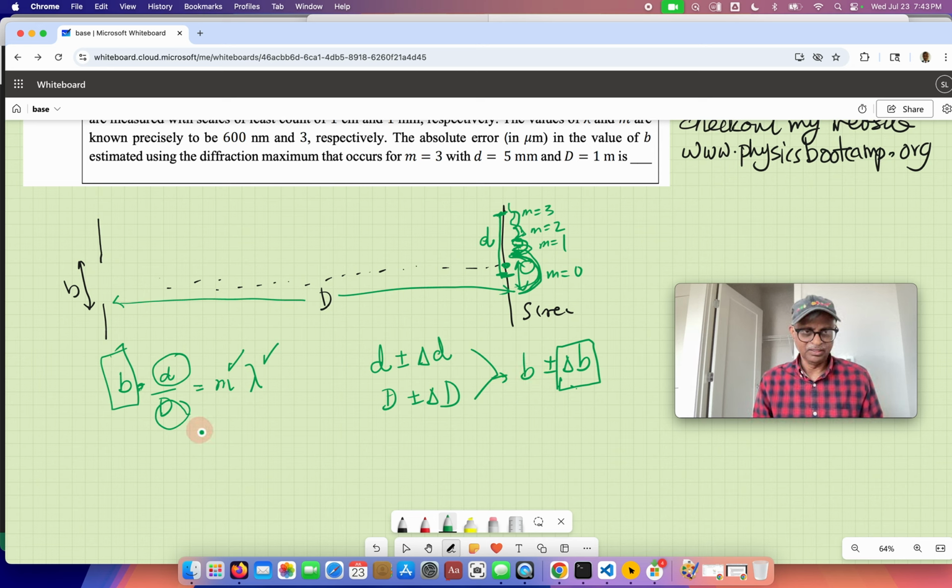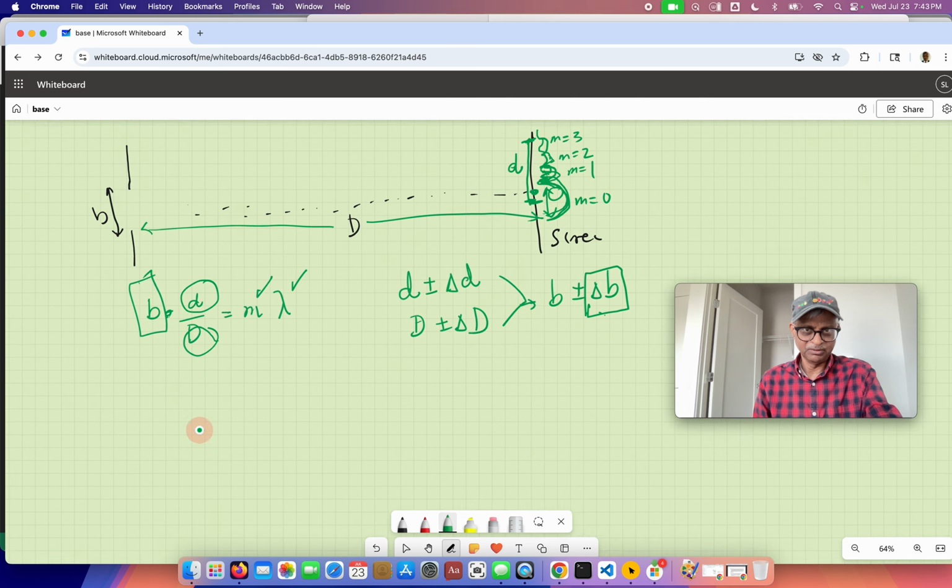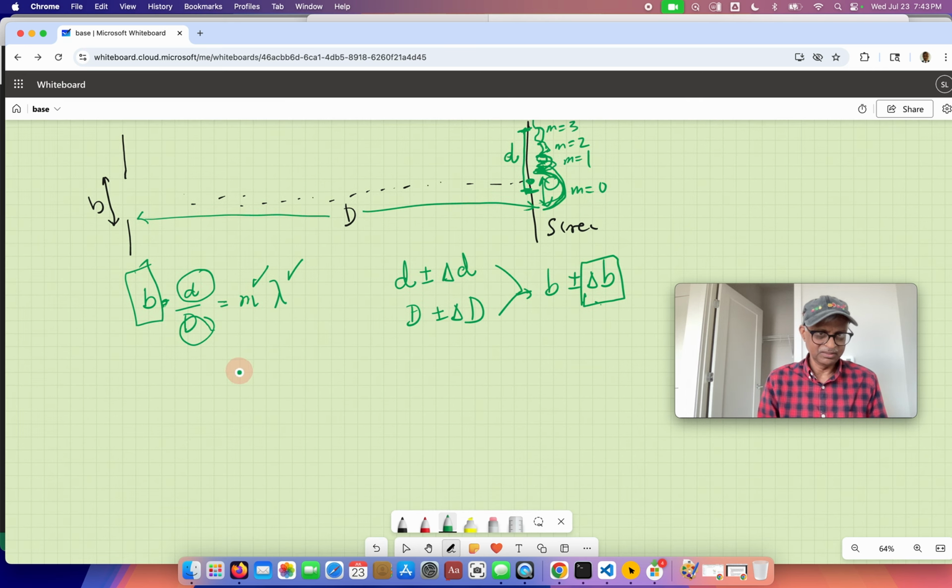So the general approach to this kind of multivariate problem is to take a function of x and y. These are the two independent variables, and this is the dependent variable.